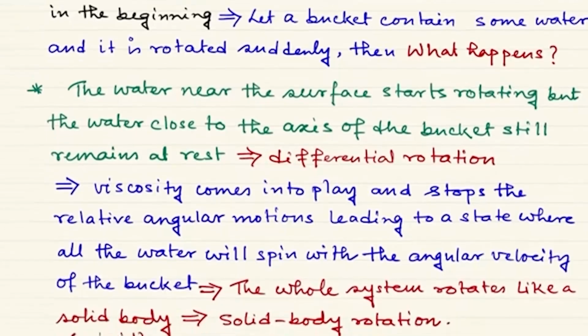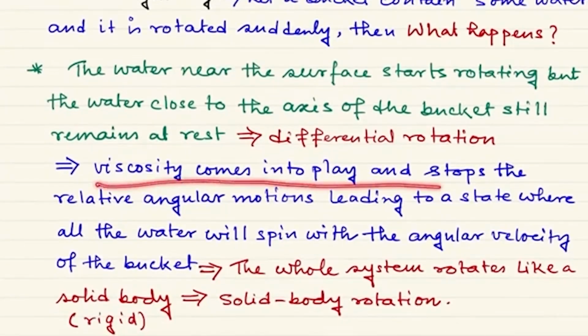Then viscosity comes into play to resist the relative rotation between two concentric layers. For example, the fast rotating layers will try to make the adjacent slow rotating layers move faster, and vice versa.